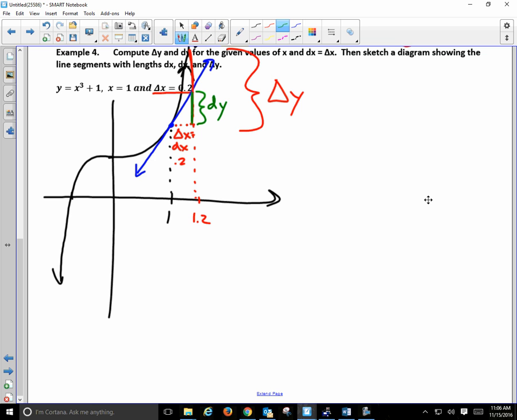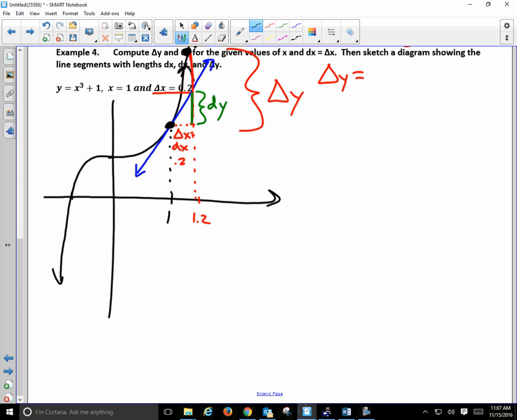So we want to compute two things. We're going to start by computing delta y. Delta y is the change value in the function, the change value from up here to down here. Any idea how we would figure out how much that change is? Derivative is a good guess. We're going to do that for dy.